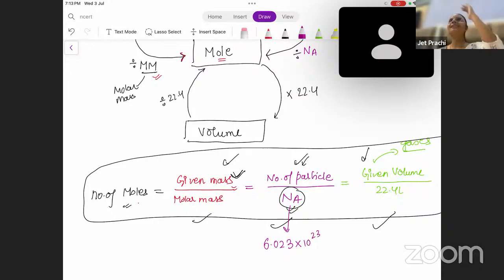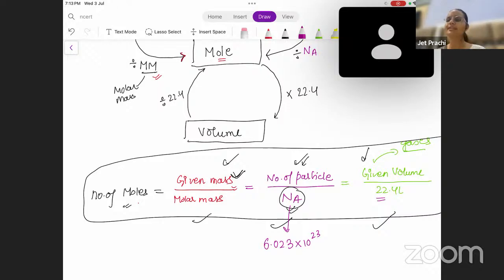So if you divide the given number of particles by the Avogadro number, you will find the number of moles. Similarly, if you divide the given volume by 22.4 liters, you will get the number of moles. And simply we have come up with the formula based on the unitary method. If 1 mole is these many particles, then these many moles will be equal to how many particles. So it's as simple as that.